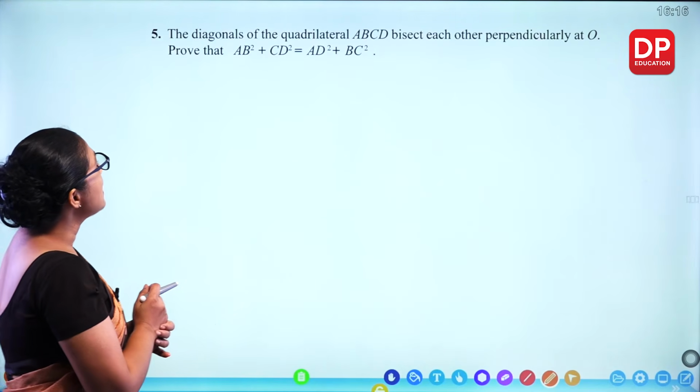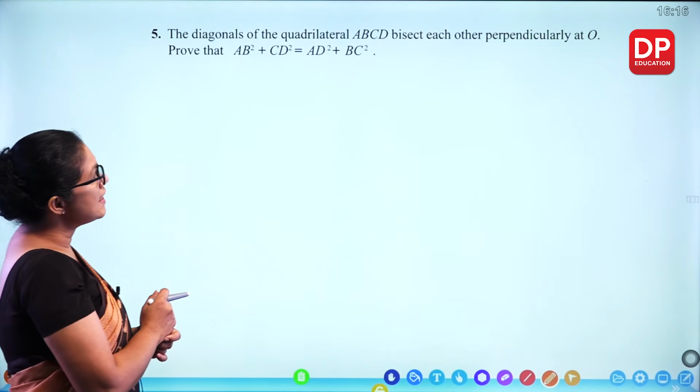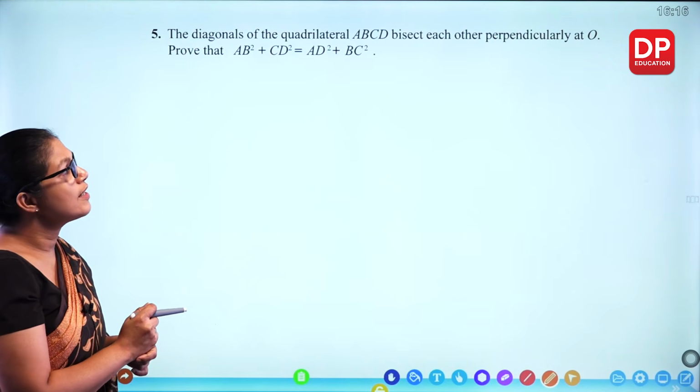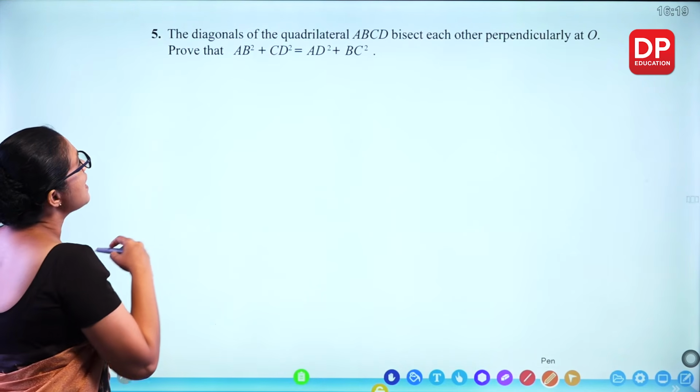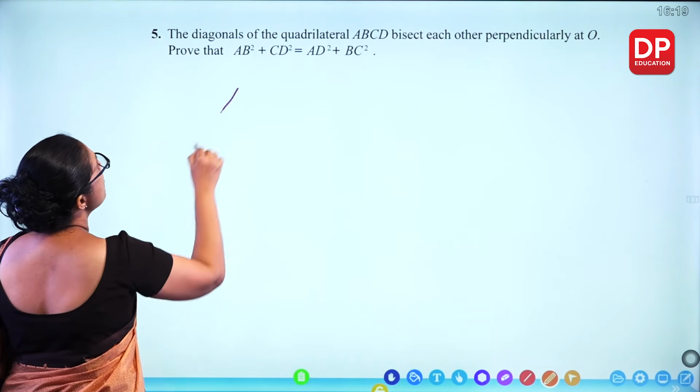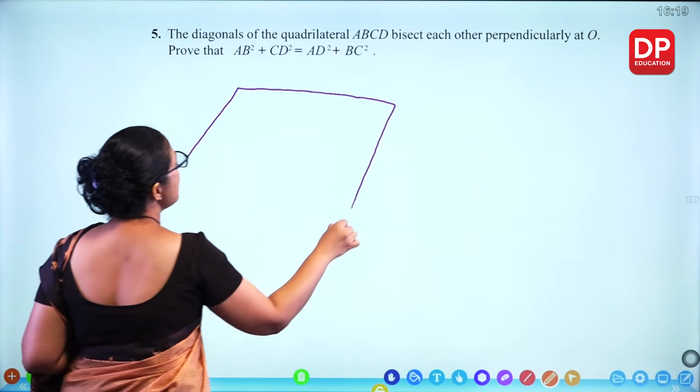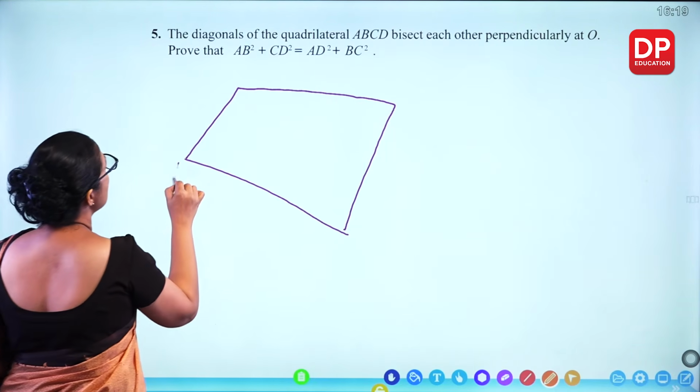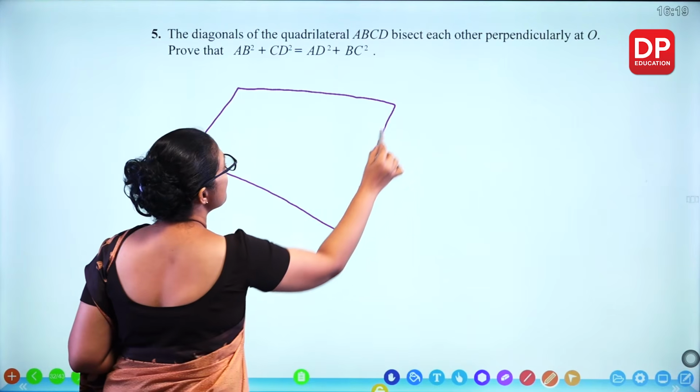Question number 5. The diagonals of the quadrilateral ABCD bisect each other perpendicularly at O. We'll take any quadrilateral ABCD.